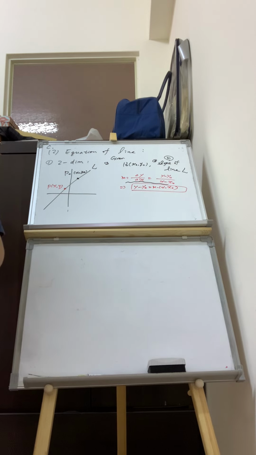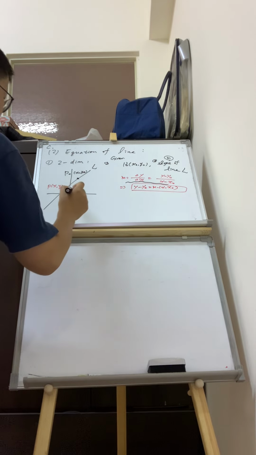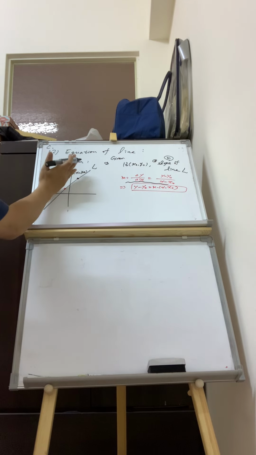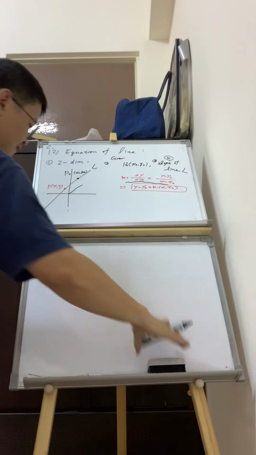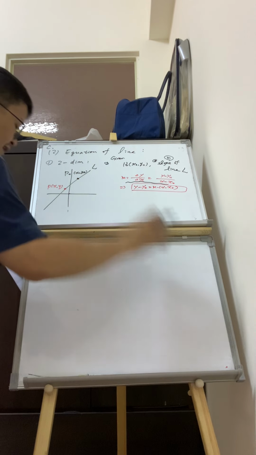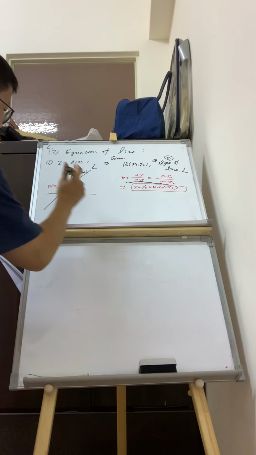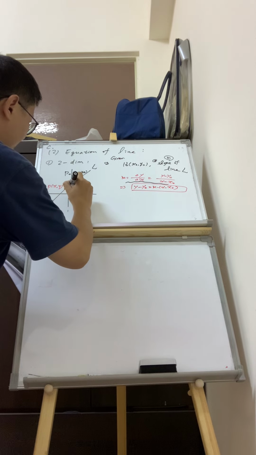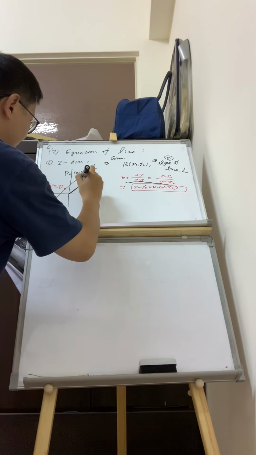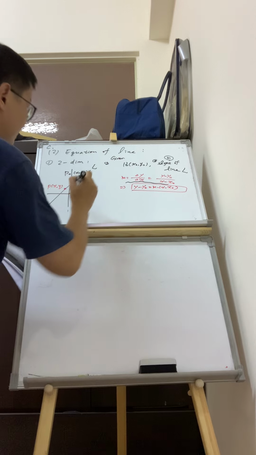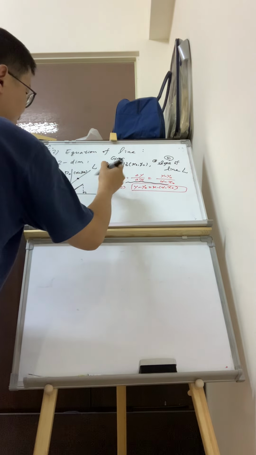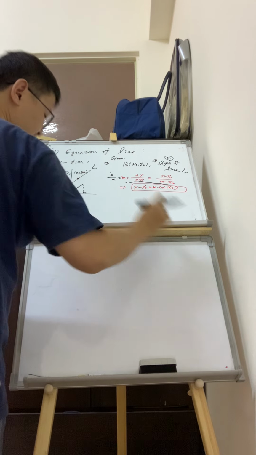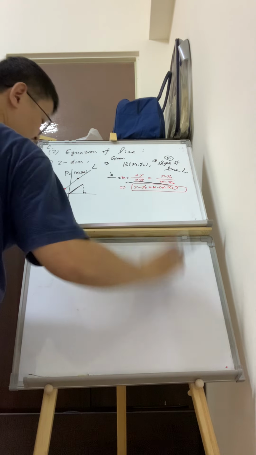Consider a vector. For the straight line, if I move it in parallel so that it passes through the origin, then I denote the slope by b over a.